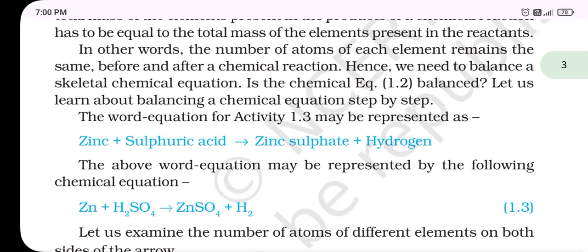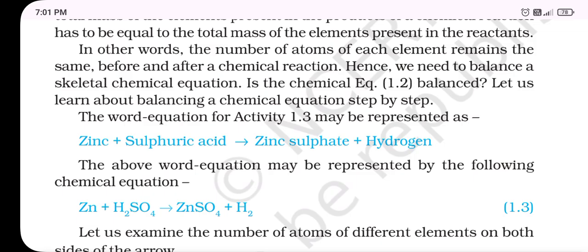It says, in other words, the number of atoms of each element remains the same before and after a chemical reaction. Hence we need to balance a skeletal chemical equation.